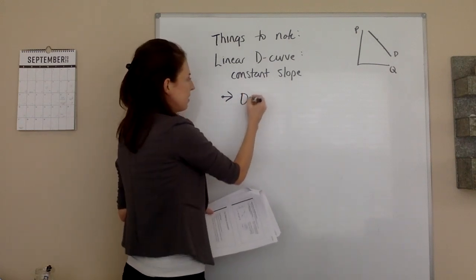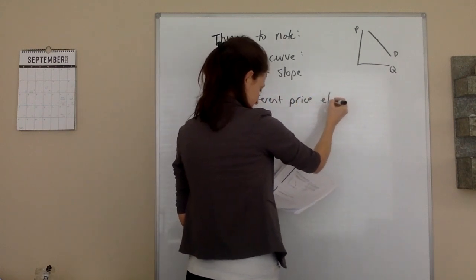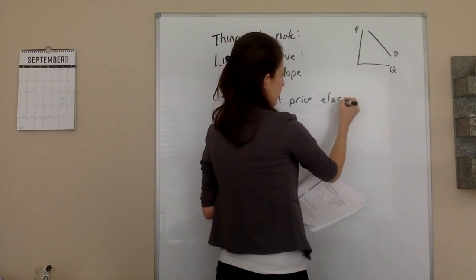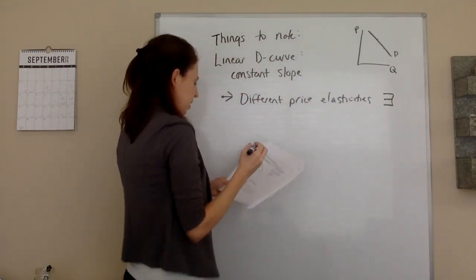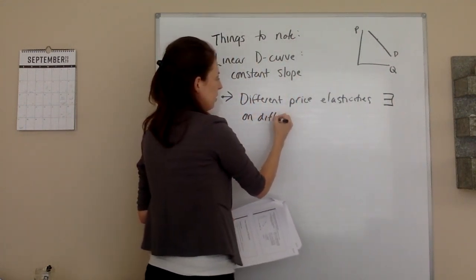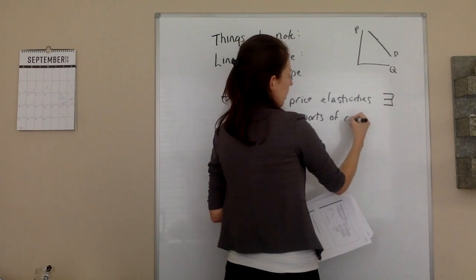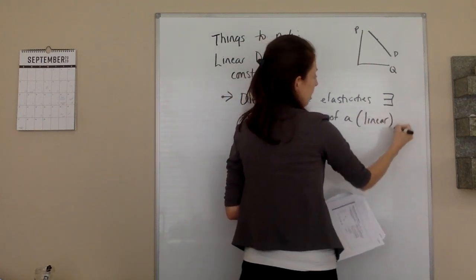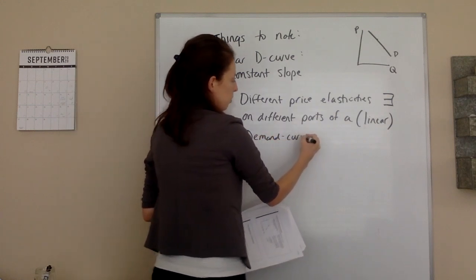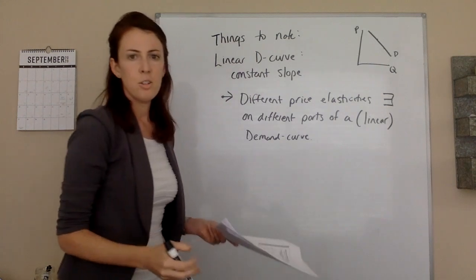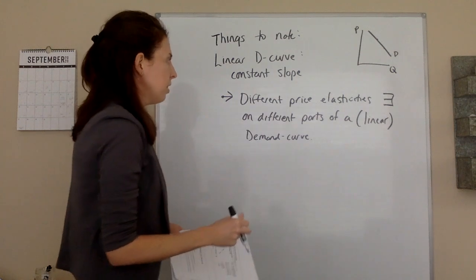So different price elasticities exist on different parts of even a linear demand curve. And this will also be true of nonlinear demand curves, but it's a little bit more stark to think about this in terms of a linear demand curve because the slope isn't changing, but the elasticity is changing across the demand curve.